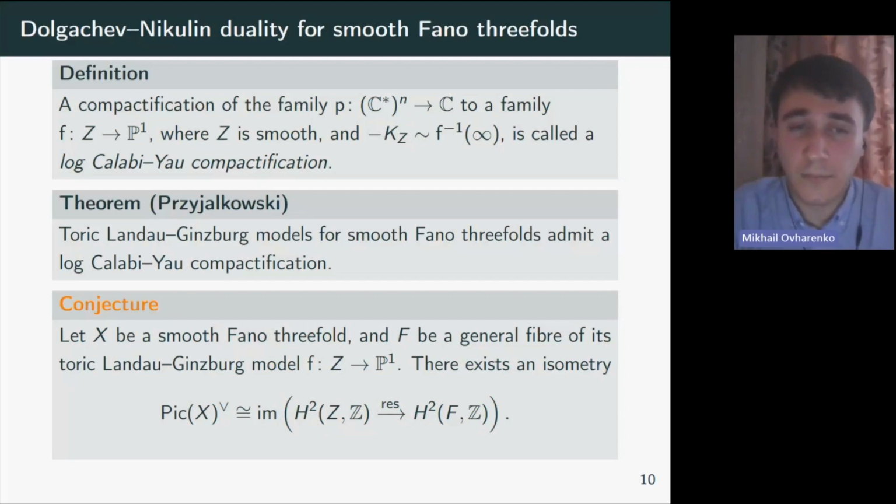Let F be a local Abiyao compactified toric Landau-Ginzburg model, and F be its general fiber. Then we would hope that the dual lattice to the Picard lattice is precisely the image of the restriction of the second homology from the total space to a general fiber.